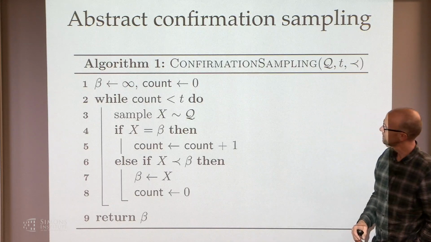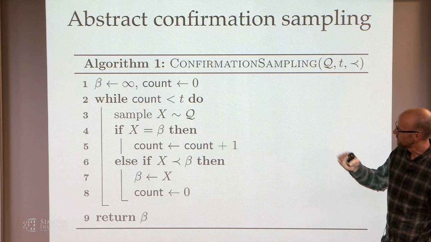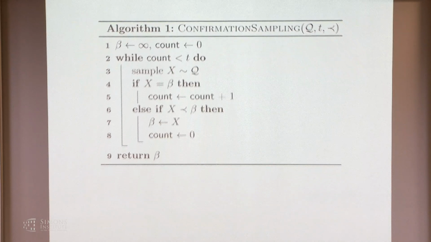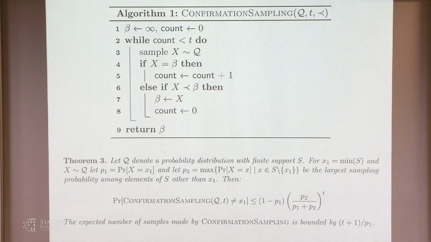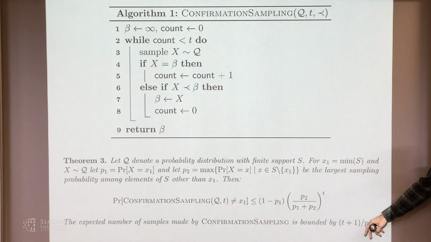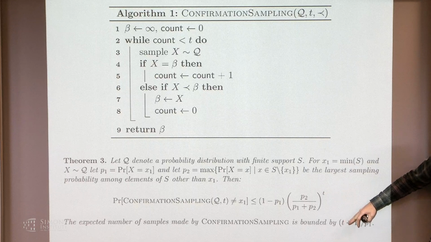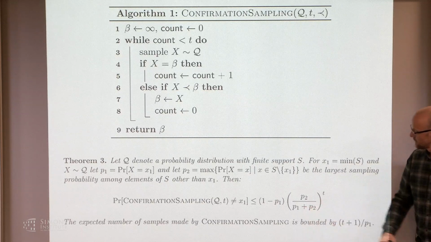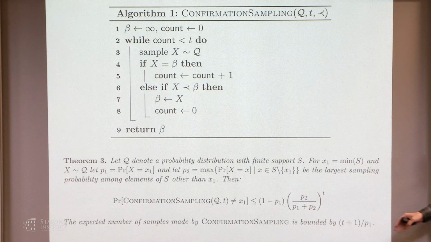We continue this until we have a count of t. As I was mentioning before, this works even if what we're looking for doesn't have the highest probability of being sampled. As long as the highest probability is no more than a constant factor higher than the probability p1 of sampling what we're looking for, we get exponential decay in t of the failure probability.